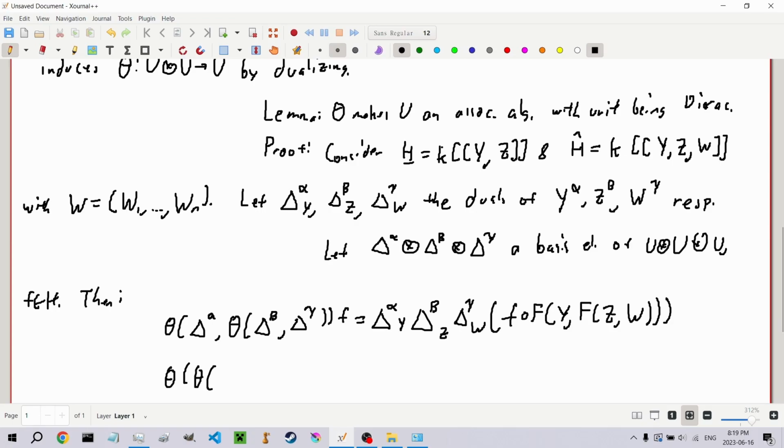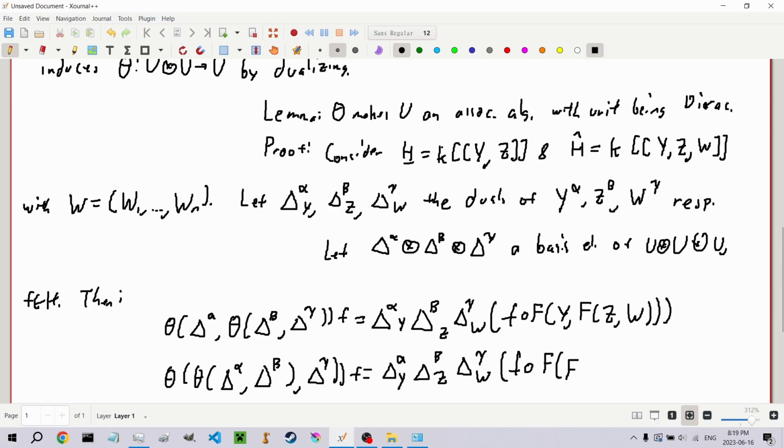And we likewise have the other case where we do alpha and beta first in the theta, and then delta of gamma acting on some F, giving us the same delta alpha Y, delta beta Z, delta gamma W of F on F of Y and Z and W.